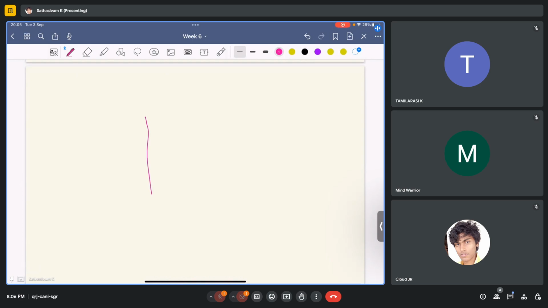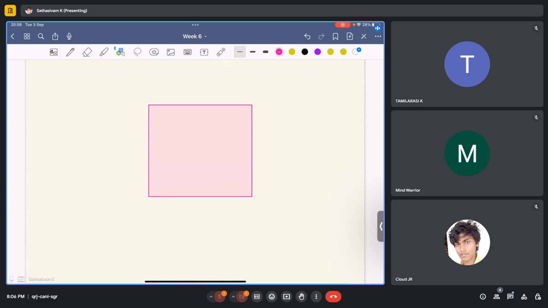Let's take a square. Maybe I'll draw a square here. Basically, I have a sheet of paper and I cut a square from here.